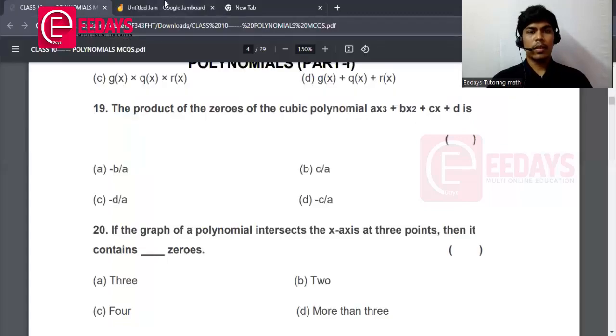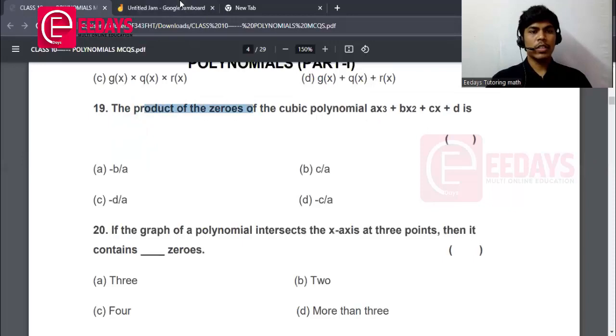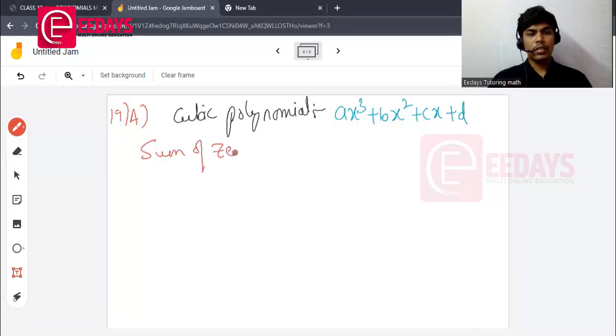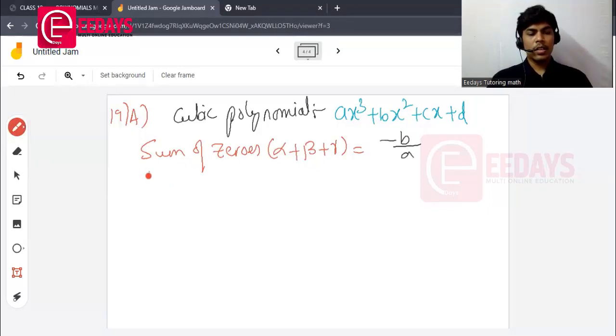This is the cubic polynomial. Here they're asking the product of zeros. As we know, sum of zeros, that is alpha plus beta plus gamma, is equal to minus b by a, and sum of product of zeros is c by a.